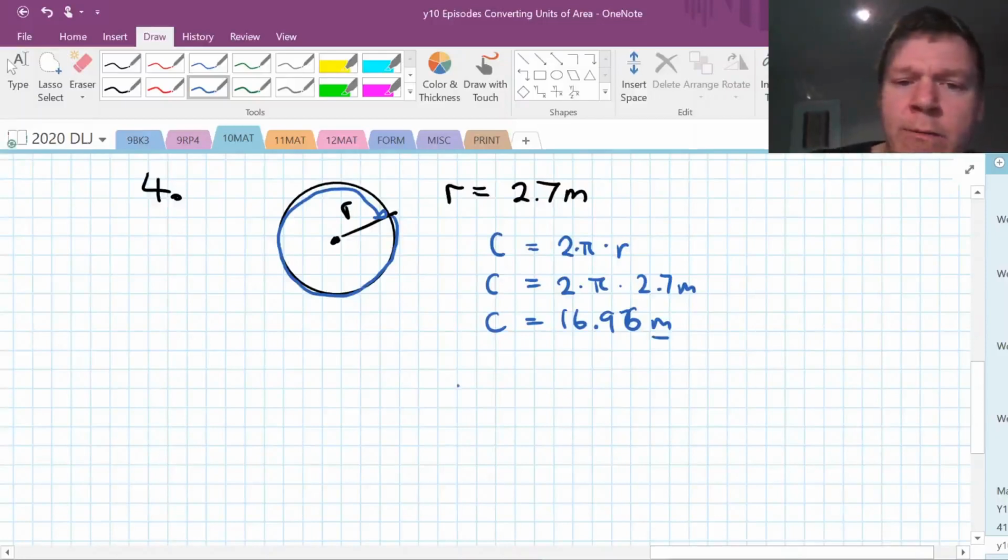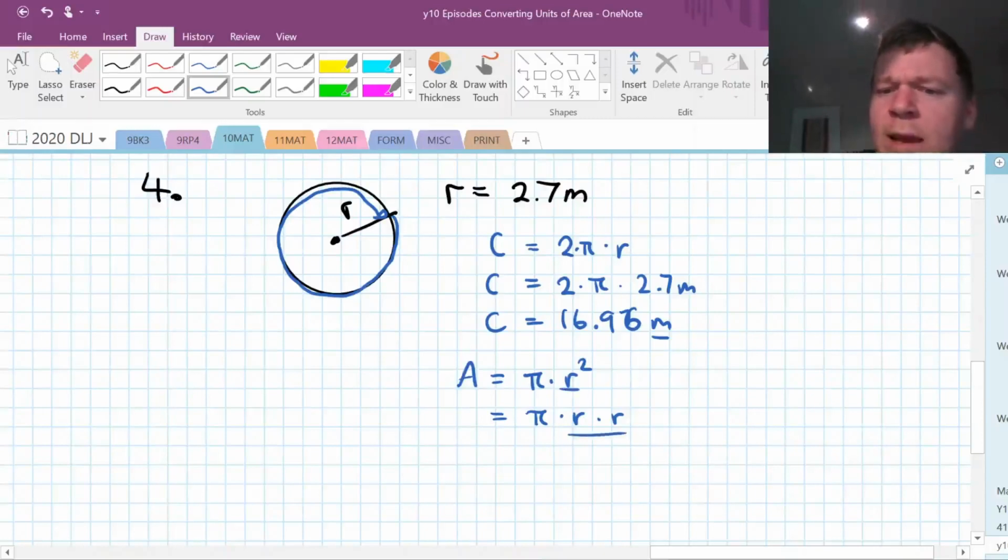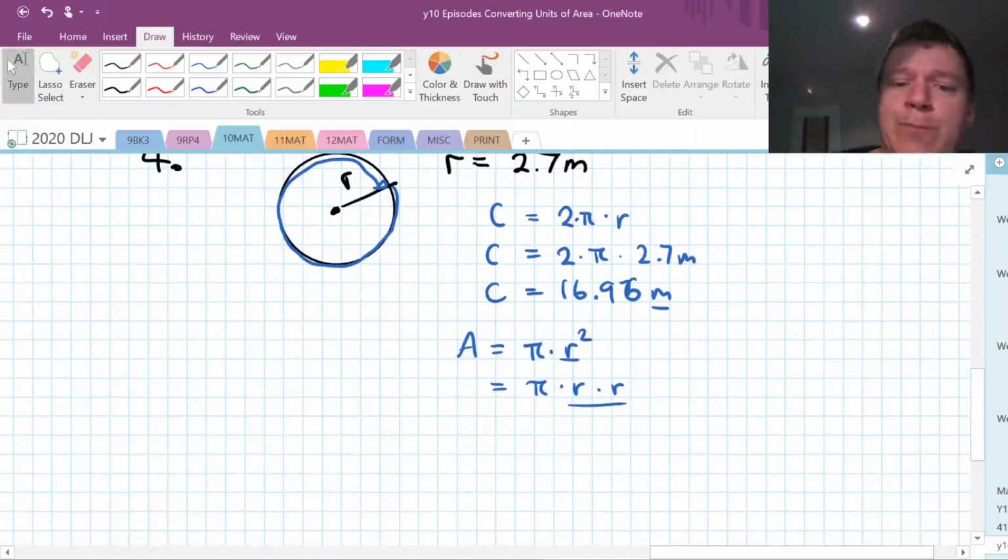Alright, area of our circle is pi times radius squared. Another way you could think of it is pi times radius times radius. Radius squared is radius times radius. And sometimes that's a better way to think about it, because then it makes sense why you've got square meters out of that formula.